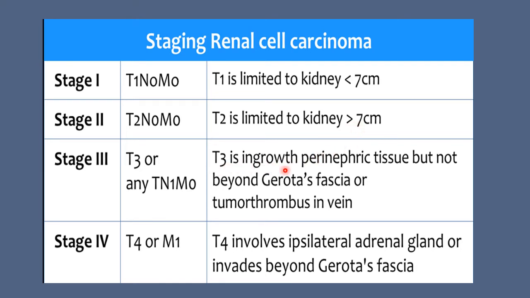T3 is ingrowth of the tumor into the perinephric tissue, but not beyond the Gerota's fascia, or if tumor thrombus is present in the renal vein. T4 involves ipsilateral adrenal gland involvement or invades locally beyond the Gerota's fascia.